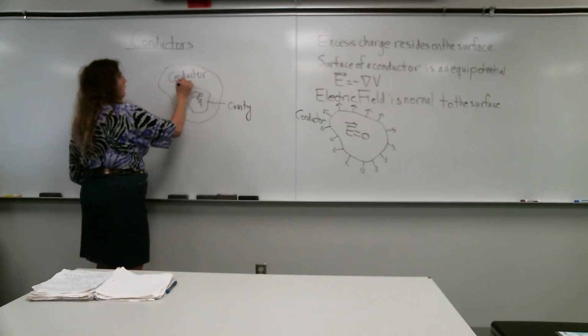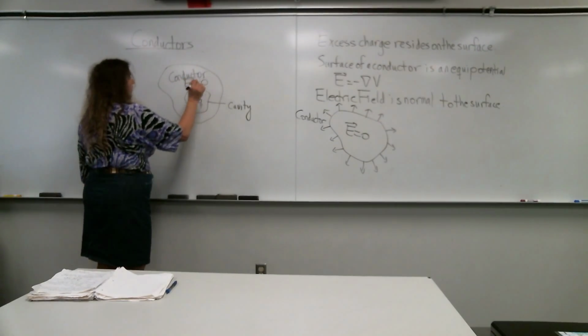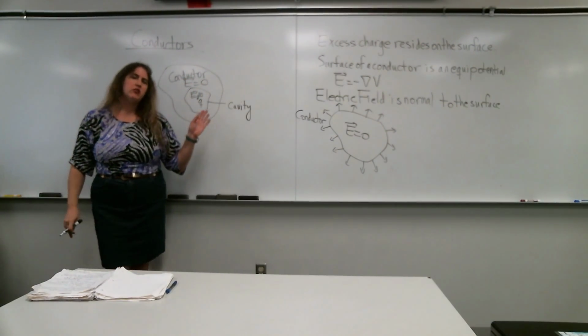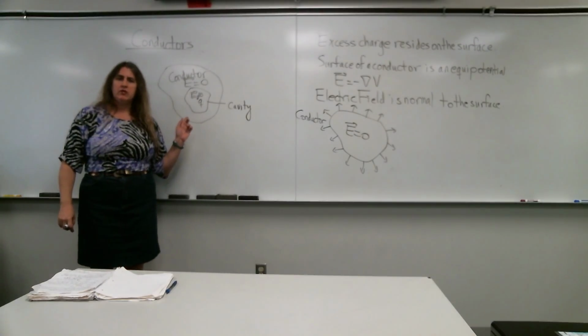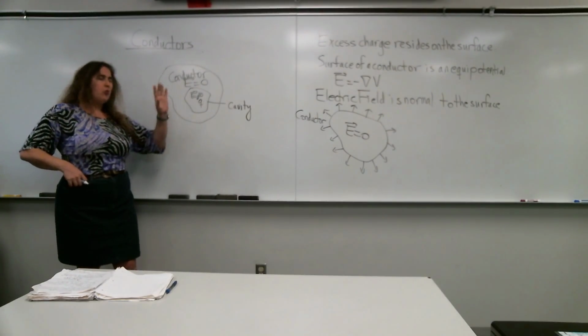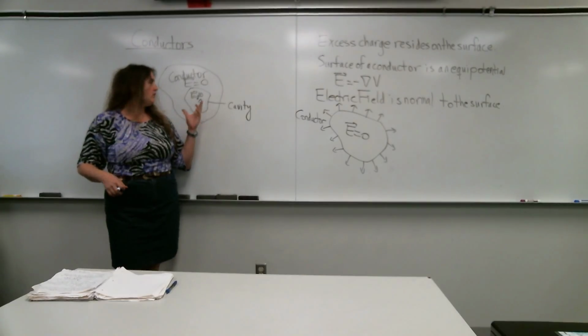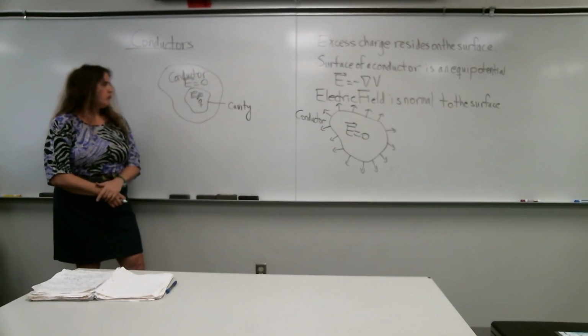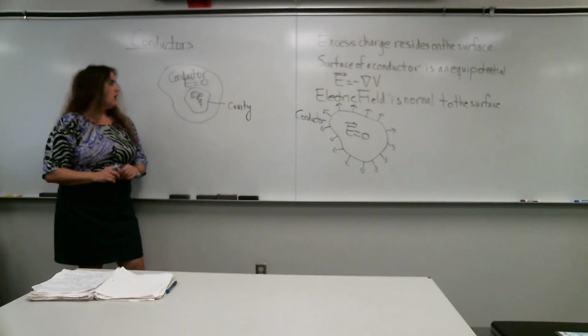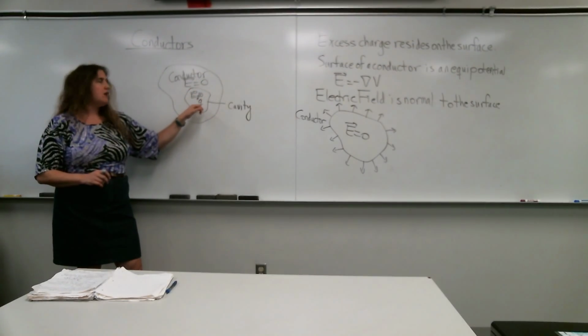But yet, on the other hand, we've reasoned that the electric field must vanish inside the conducting material. So how do we handle this? How can this be zero when you've got Q inside?